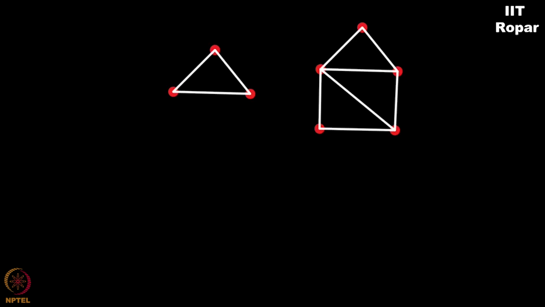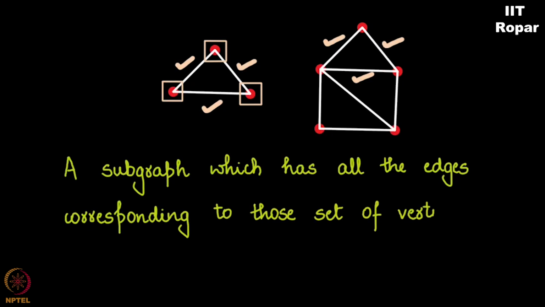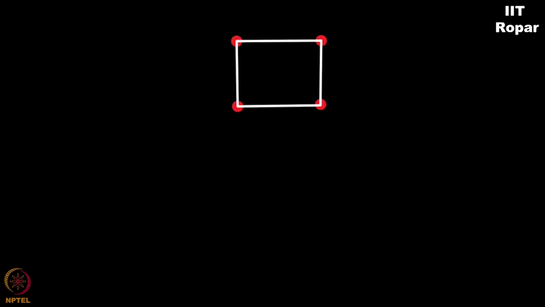You take these 3 vertices, this edge is there, this edge is there, and this edge is also there. Now, such a subgraph where it has all the edges corresponding to those set of vertices is called an induced subgraph.